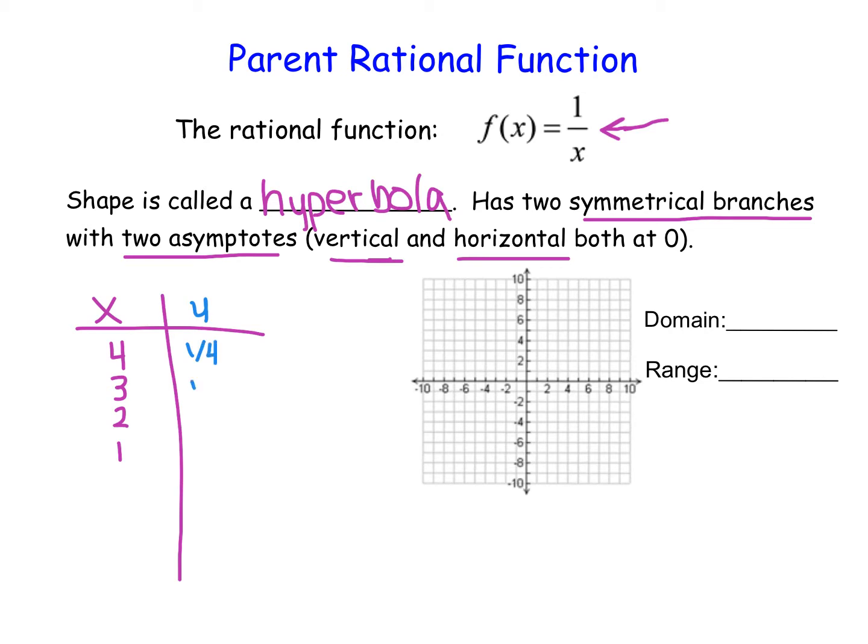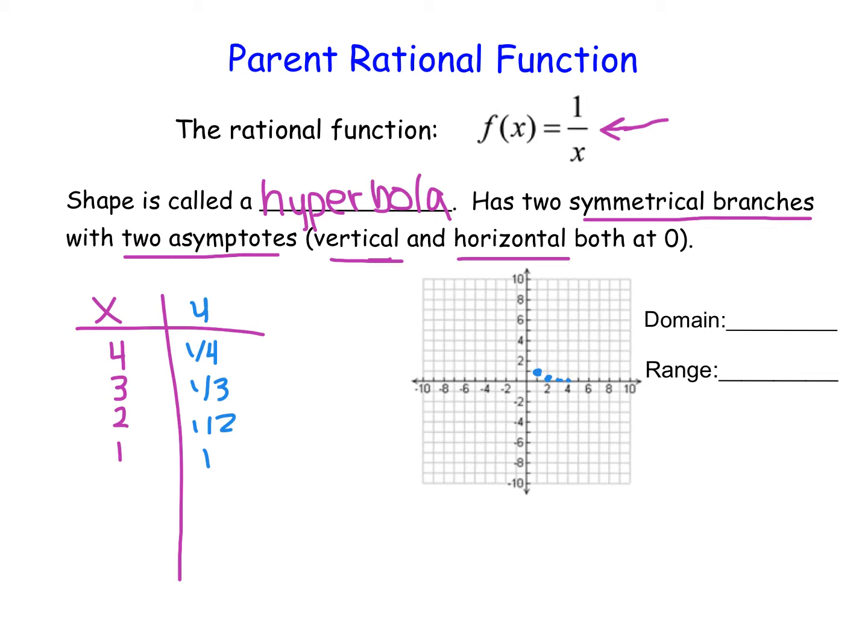When x is 3, y is 1/3. When x is 2, y is 1/2. If I were to plot these, they're pretty small, getting very close to the x-axis but not quite crossing it. Then when x is 1, y is simply 1.